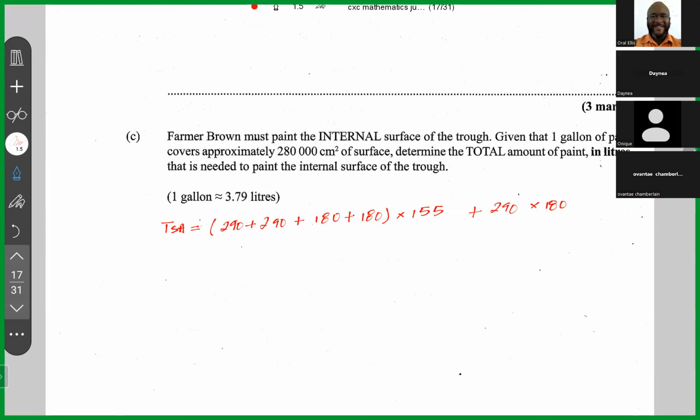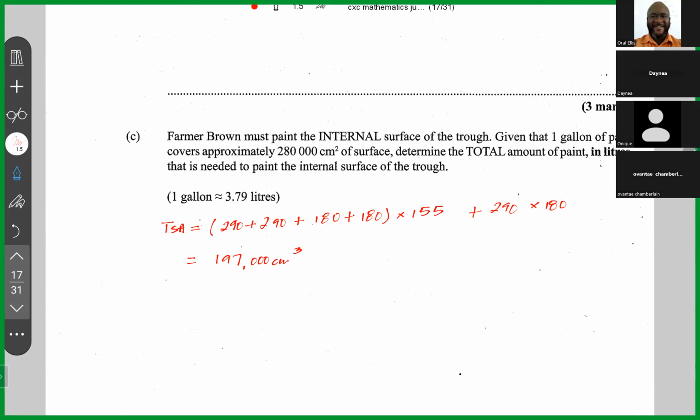All right. Now, if you just put that in a calculator exactly as you see it and press equal, what we get is 197,000 centimeters squared.